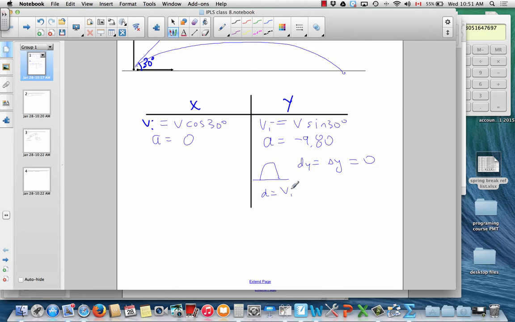So we can use the familiar equation from physics 11 to figure out how long that took. Putting in zero displacement and then putting in v sine 30. So 5.3 sine 30 is 2.65 meters per second.